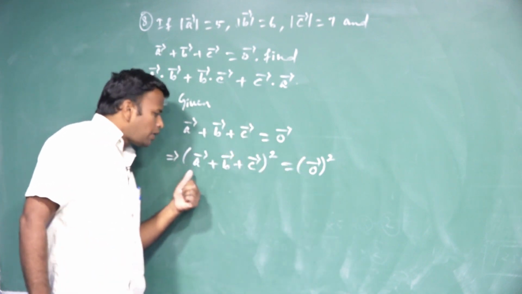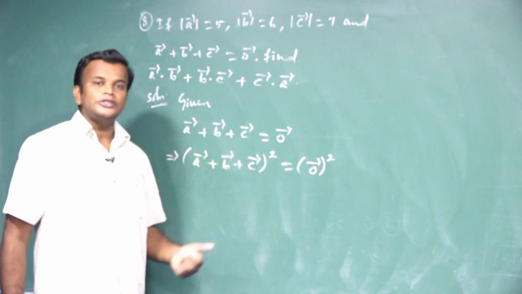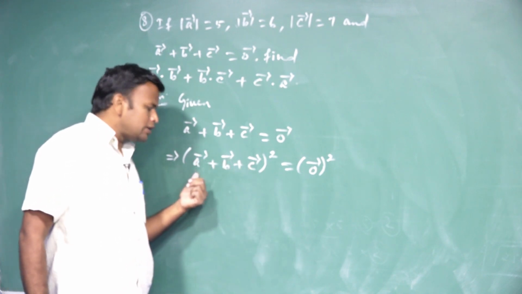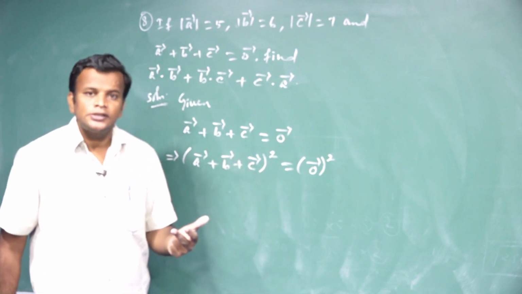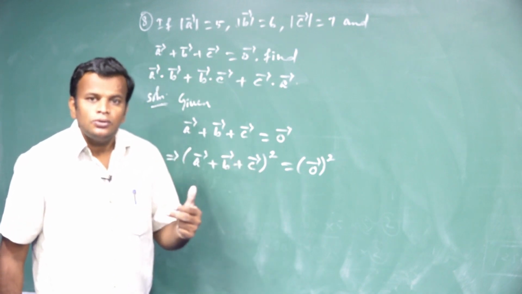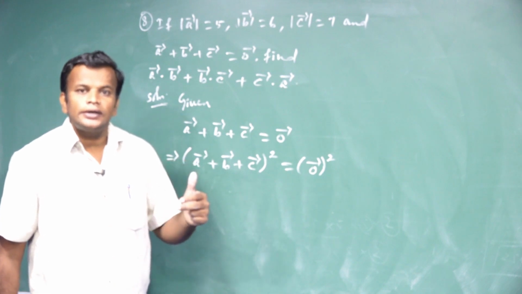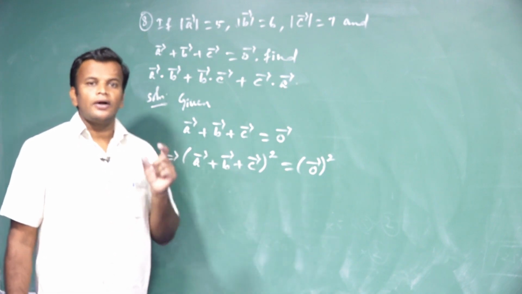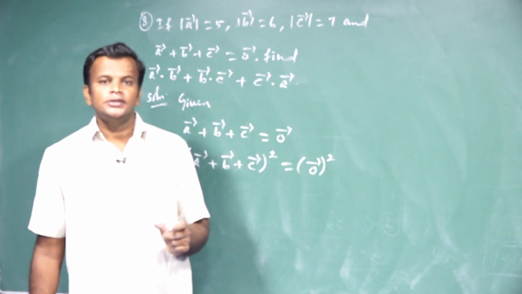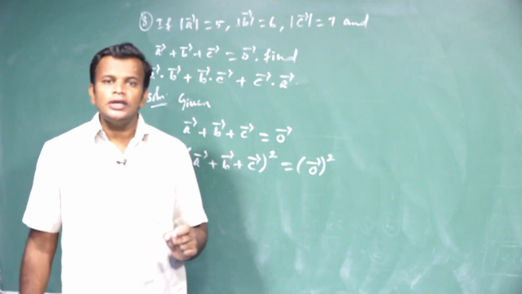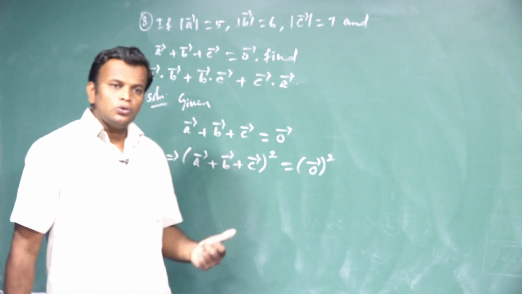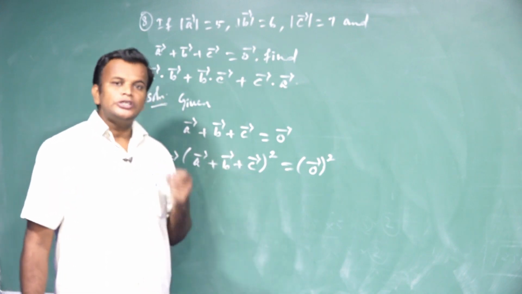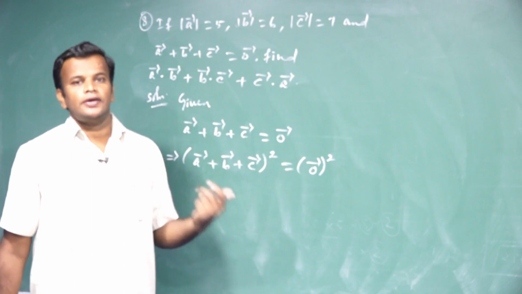Okay, so what is the formula of vector A plus vector B plus vector C the whole square? Same. Vector A square plus vector B square plus vector C square plus 2 A vector dot B vector. In ordinary numbers there will be a product, but in vectors we use the dot product. 2A dot B plus 2 B vector dot C vector plus 2 C vector dot A vector. So I use the formula: starting terms are A vector square plus B vector square plus C vector square plus 2 A vector dot B vector.